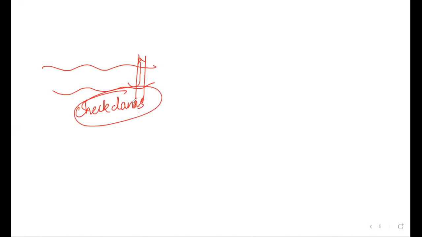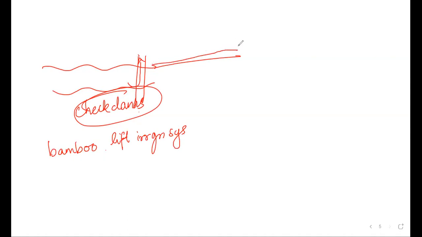Now in Meghalaya, we have what is called the bamboo lift irrigation system, or bamboo irrigation system. If there is a river, you can even Google this. There will be a bamboo pipe, and not just one bamboo, many bamboos will be connected together, and water from one region to another region will be carried using these bamboo pipes.